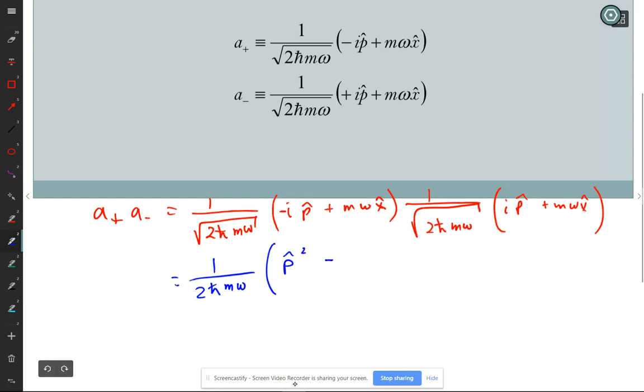And then I'm going to have minus i hat m omega p operator x operator plus i hat m omega x operator p operator plus m squared omega squared x operator squared. What is i hat? It's a very good question.